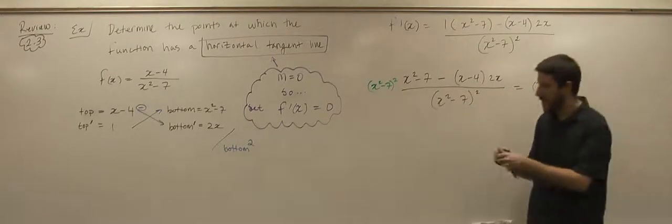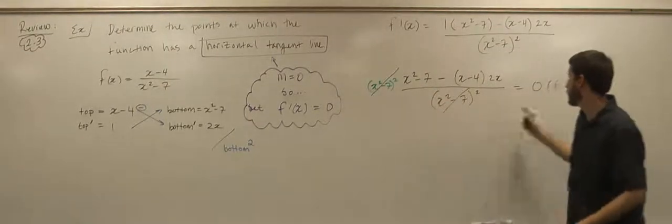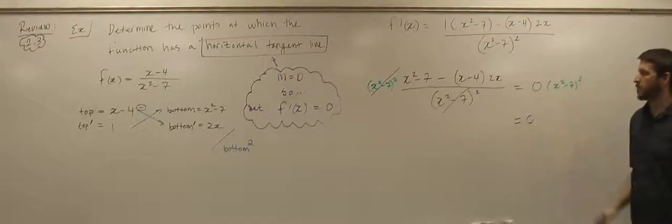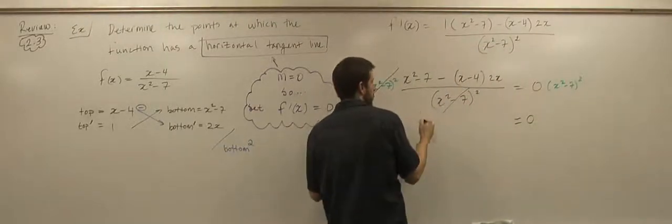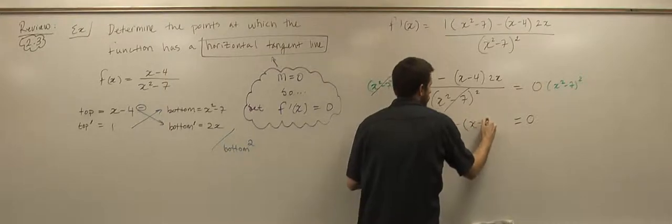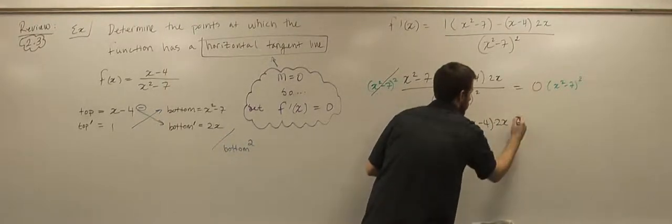That gets rid of the denominator, and on the other side, 0 times anything is still 0. So no matter which way you slice your pie, you get the same outcome. The numerator has to equal 0.